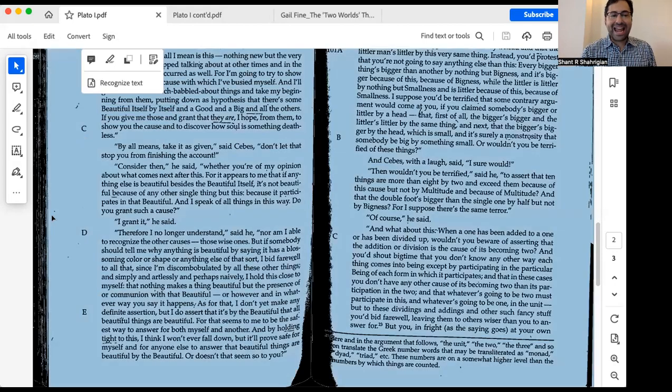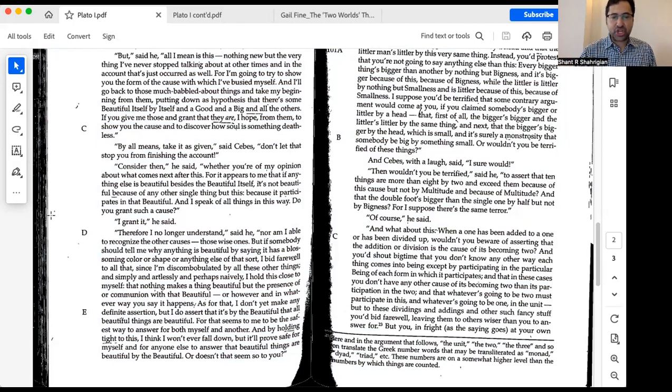And he's admittedly not sure what the exact connection would be from something like seeing different works of art in the Met Museum and calling them beautiful, and the way they quote unquote partake of the beautiful itself by itself, the form of the beautiful. His phrasing is, nothing makes a thing beautiful but the presence or communion with that beautiful, or however and in whatever way you say it happens.